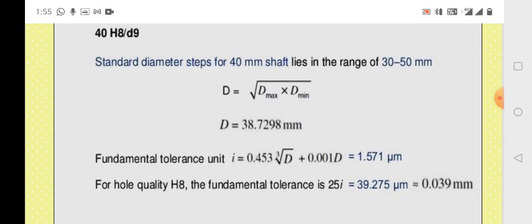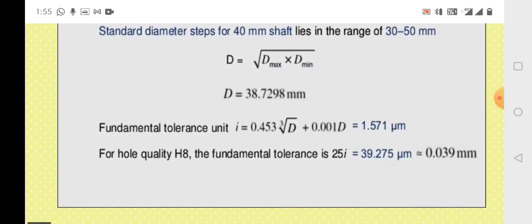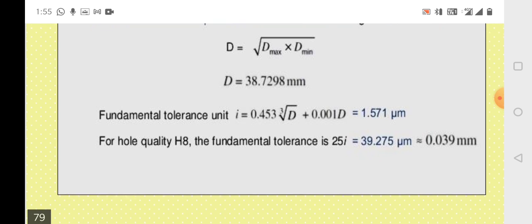Under root of that is 38.7298 mm. So D is this much. Then fundamental tolerance unit i. This standard or fundamental tolerance unit i we can calculate with the formula given in the problem itself, that is 0.45 into cube root D plus 0.001 D, and it comes out to be 1.57 micron.